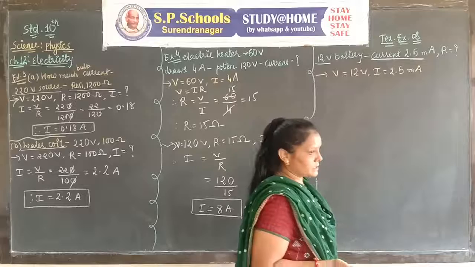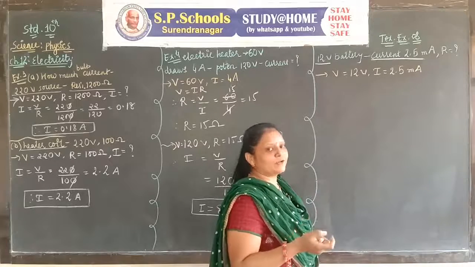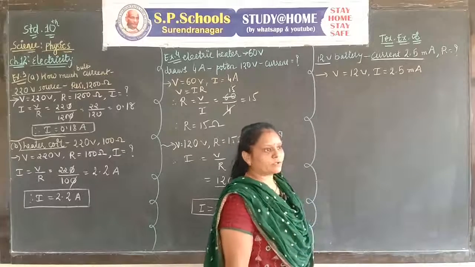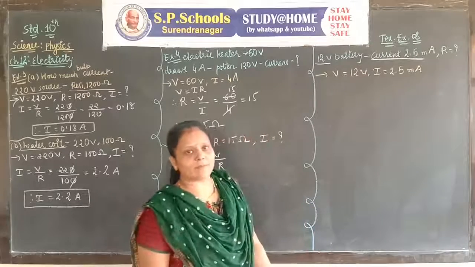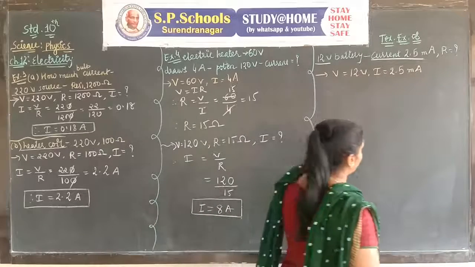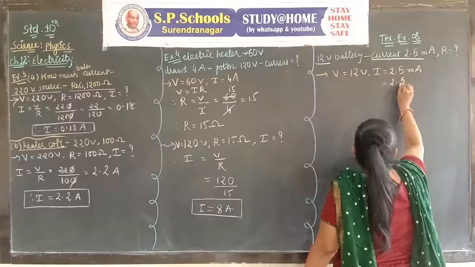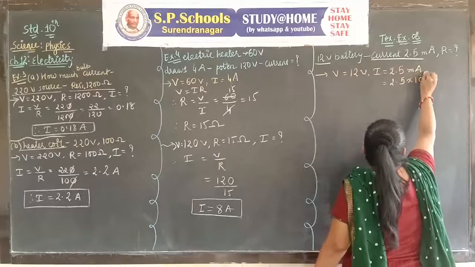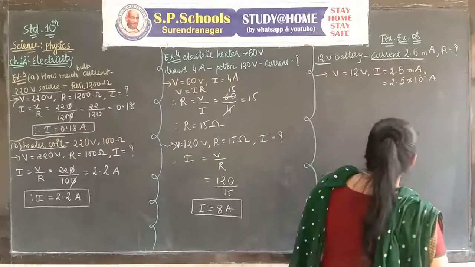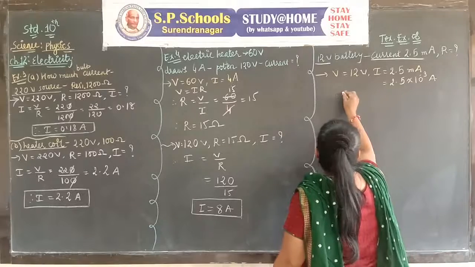In the first session we already studied the smaller units of ampere. 1 milliampere is equal to 10 raised to minus 3 ampere and 1 microampere is equal to 10 raised to minus 6 ampere. So here we convert milliampere into ampere: 2.5 into 10 raised to minus 3 ampere. Put the values and we find the R.